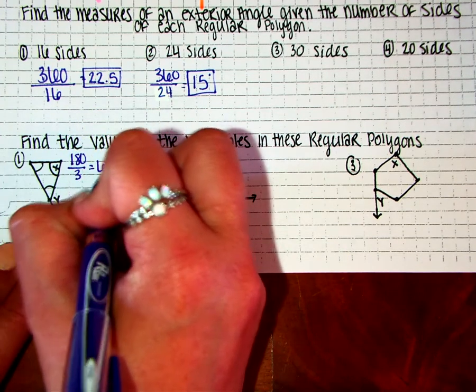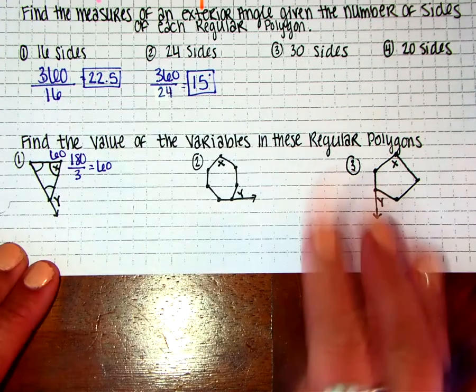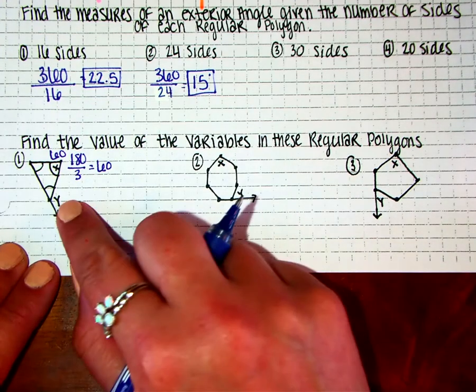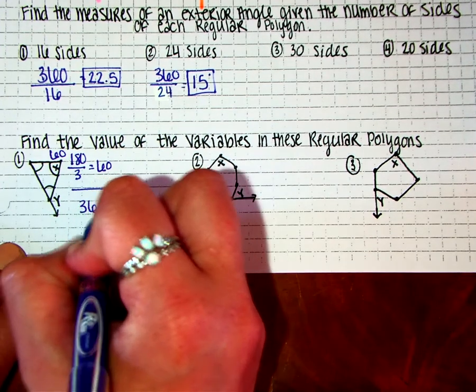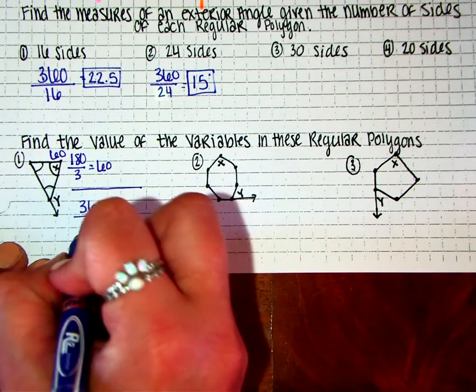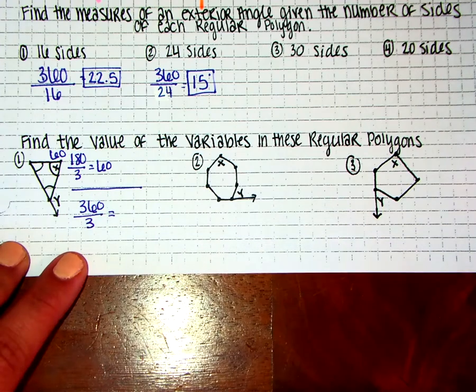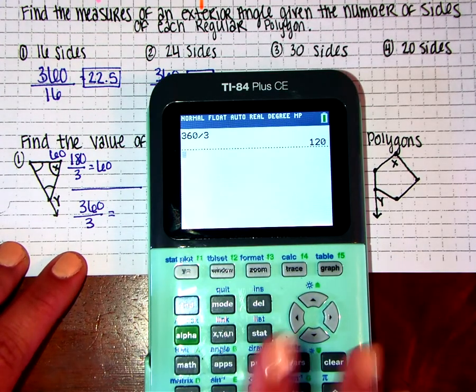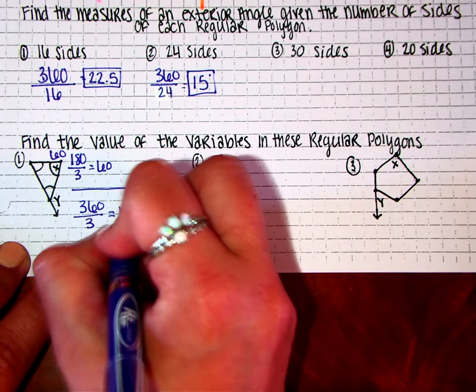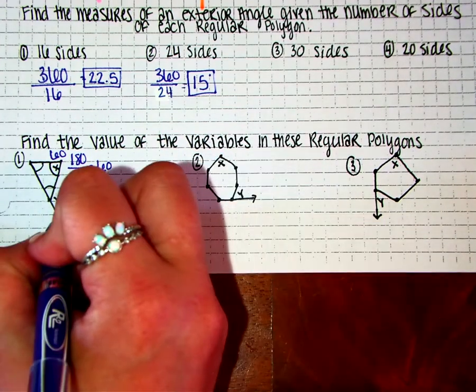Dividing by 3 is 60, which makes this angle 60 degrees. Now let's solve for y. Y is an exterior angle, so the total is always 360 divided by the number of sides. So 360 divided by 3 is 120. So each exterior angle is 120.